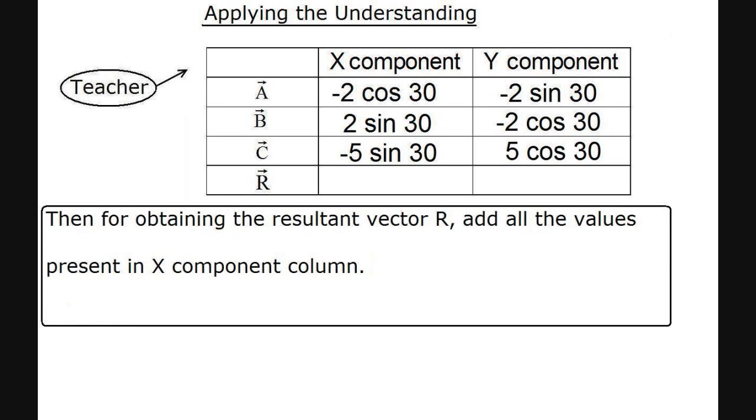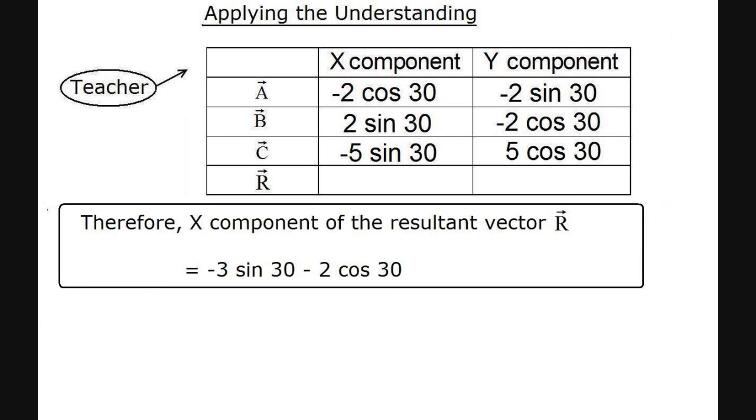Then for obtaining the resultant vector, R bar, add all the values present in the x component column. Do the same for the y component column. Therefore, the x component of the resultant vector, R bar, is equal to minus 3 sin 30 minus 2 cos 30.